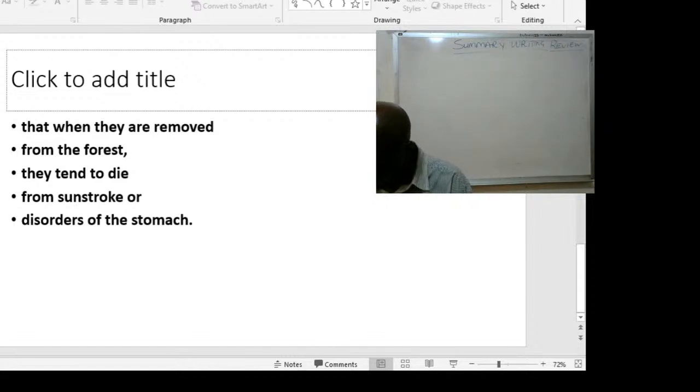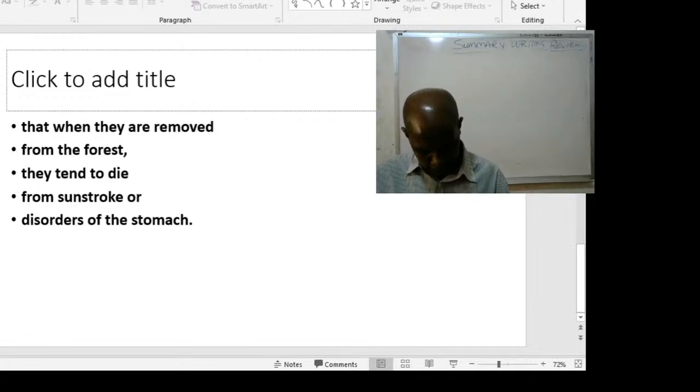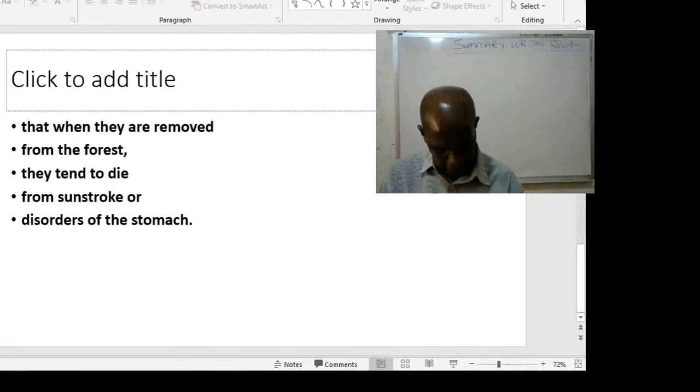The second one: they regard themselves as its children. Then we have said they show great loyalty to it. That one is another part where I might get the answer from.